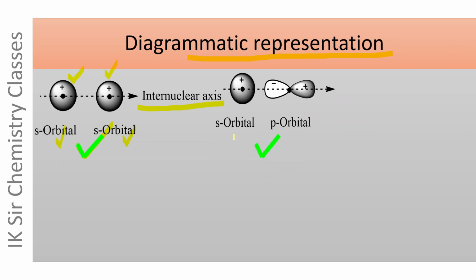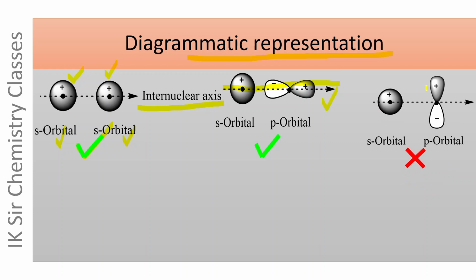Similarly, s orbital and p orbital can take part in linear combination because both of them have the same symmetry property about the internuclear axis. On rotating about this axis, the sign of lobes of both the orbitals will not change.